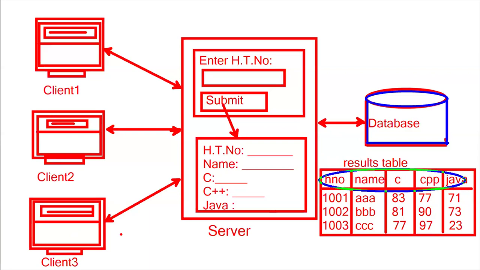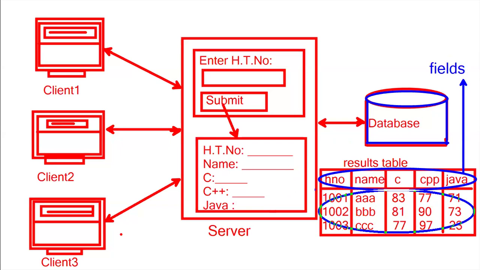This part is called fields. Already you have written the diagram, no? In the diagram, write like this. This data is called records.